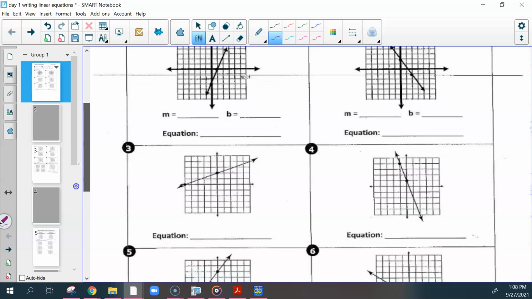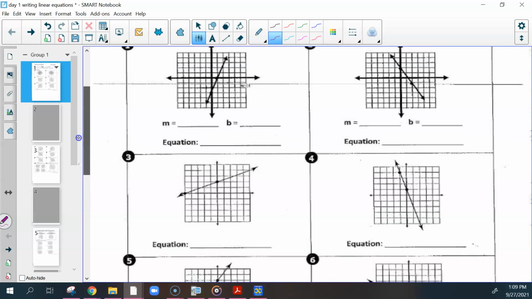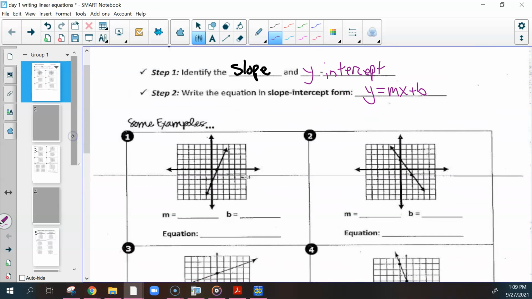I think the first couple actually have a slot for M and B, and the rest don't. But if it still helps you to see what they are before putting them in the equation, you can write it off to the side.